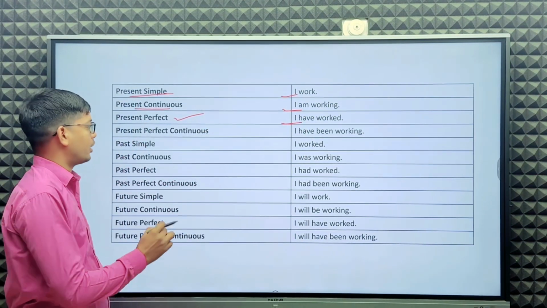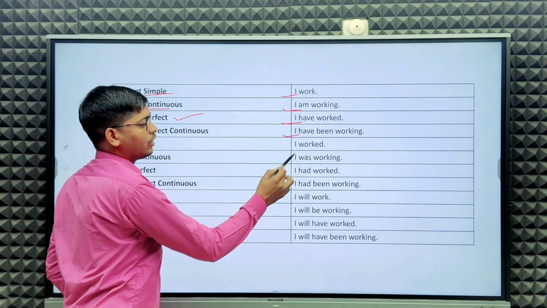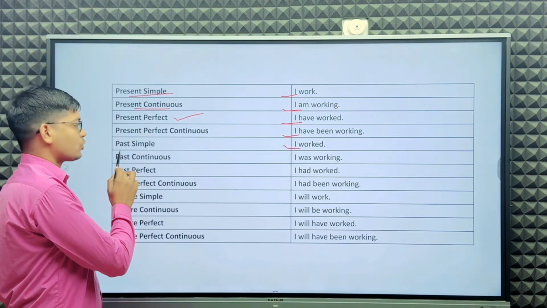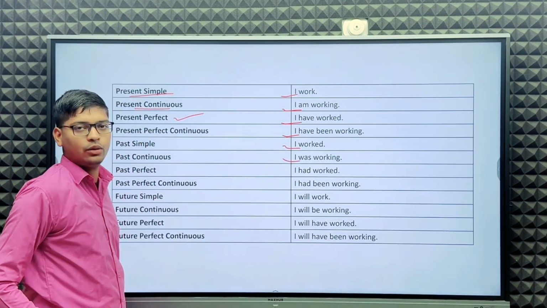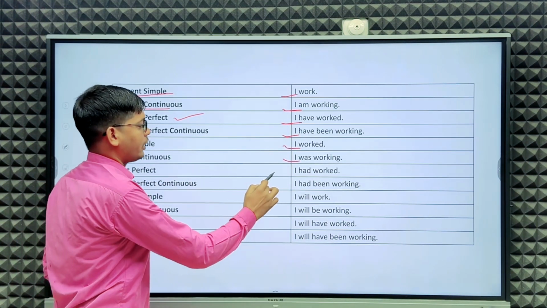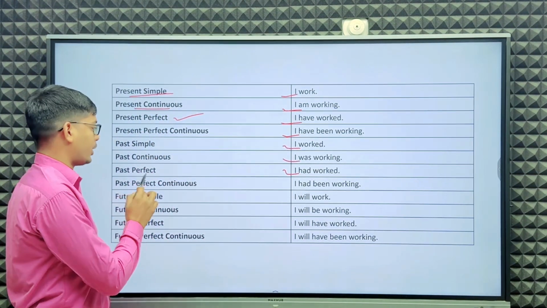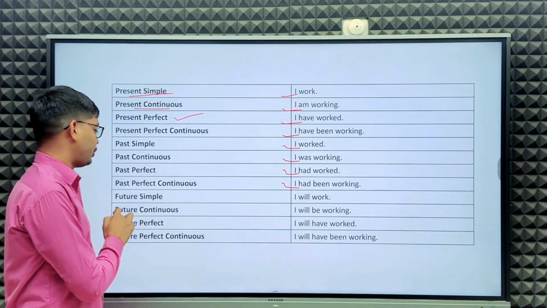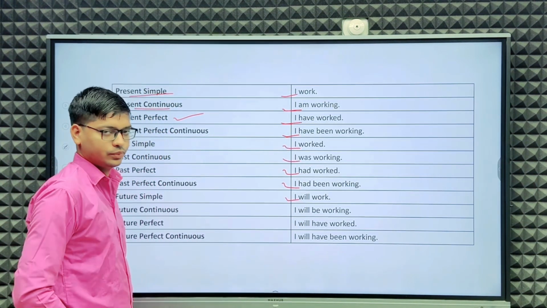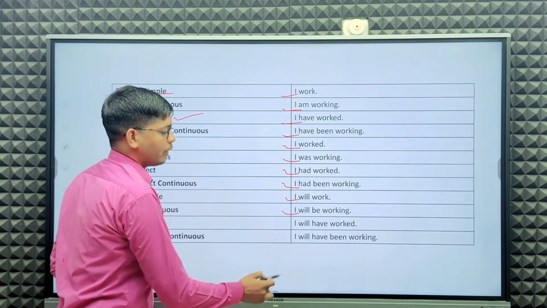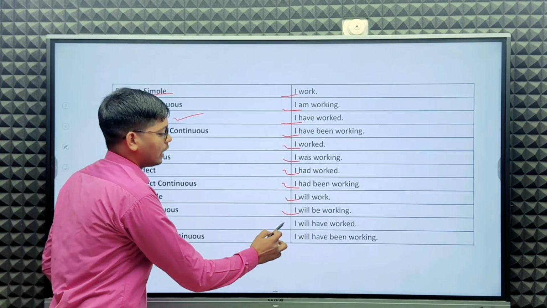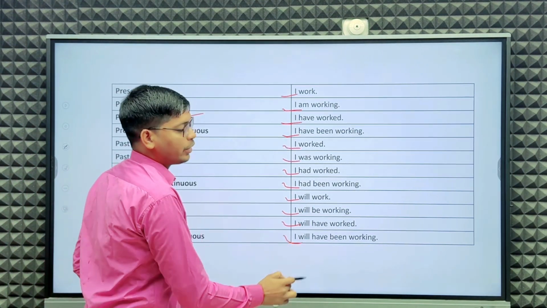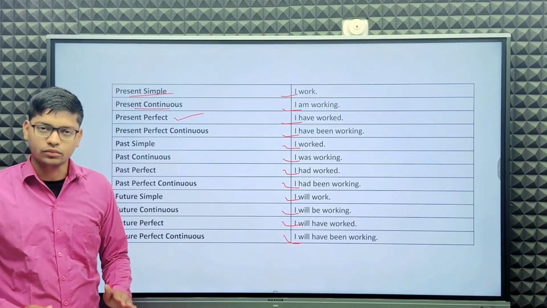Present perfect continuous, I have been working. Past simple, I worked. Past continuous, I was working. Past perfect, I had worked. Past perfect continuous, I had been working. Future simple, I will work. Future continuous, I will be working. Future perfect, I will have worked. Future perfect continuous, I will have been working.